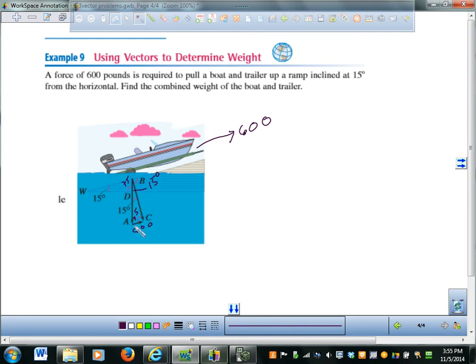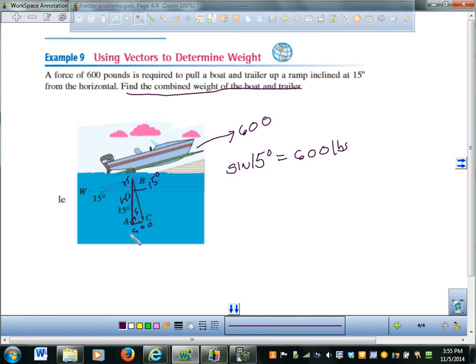And then you can just use right triangle trig to figure out the combined weight of the boat and the trailer. So what they're looking at is this force going straight down like that. Okay, and since this is the hypotenuse of this right triangle, and this is the opposite side, you can just say that the sine of 15 degrees is equal to 600 pounds, okay, because that's the force pulling the boat up the ramp.